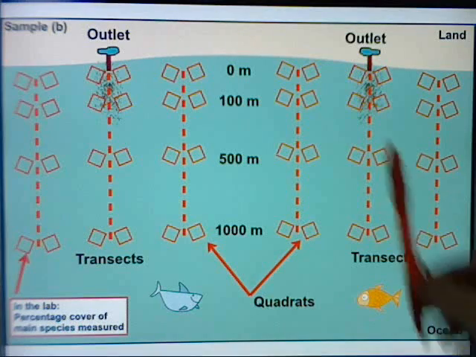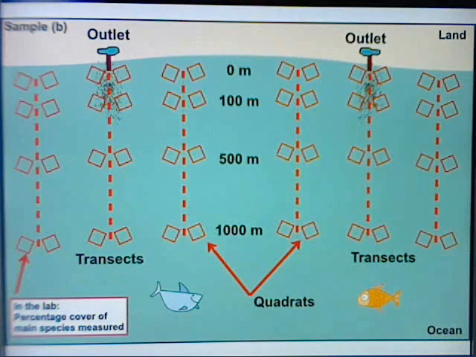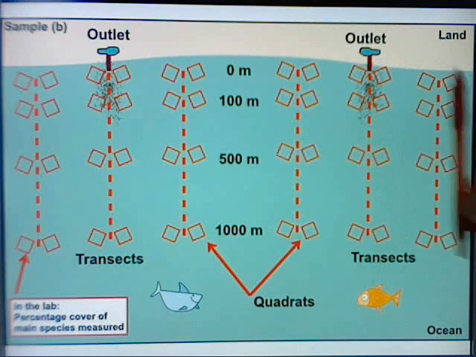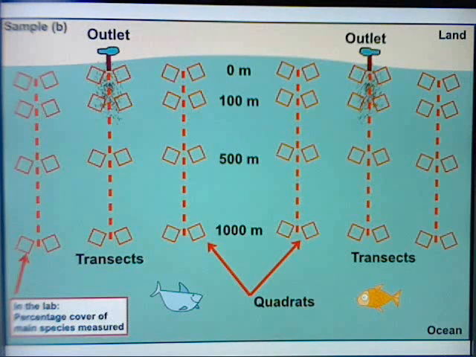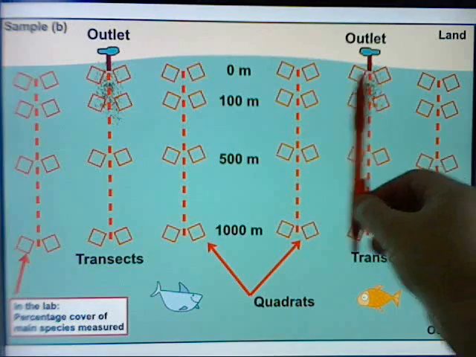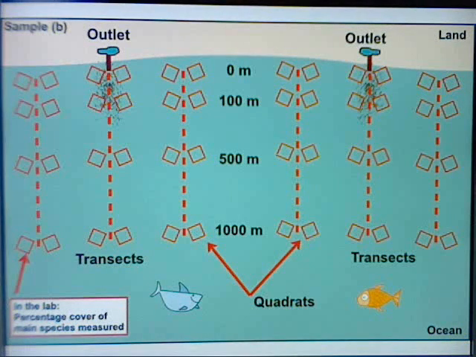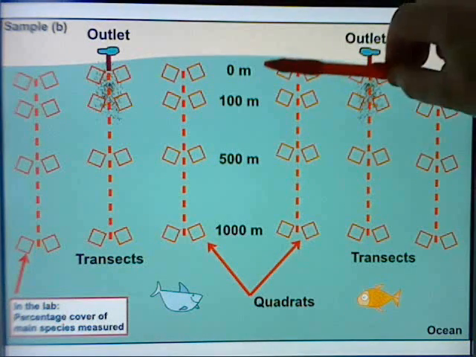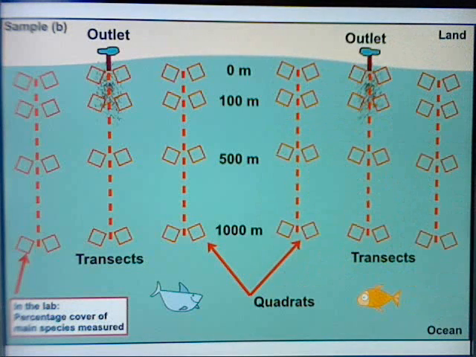Another factor in this design is transect, because at each outlet we've got 3 transects, one coming straight out, and then one to the north and one to the south. So a second factor is transect, and the levels are north, at the outlet location itself, and to the south. The third factor in this design is again location or distance, because we've got 4 distances moving along the transect: 0, 100, 500 and 1000.